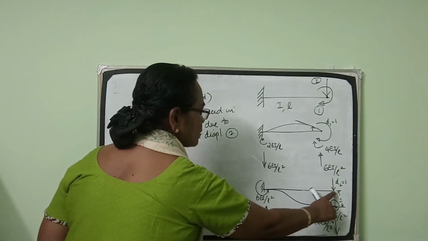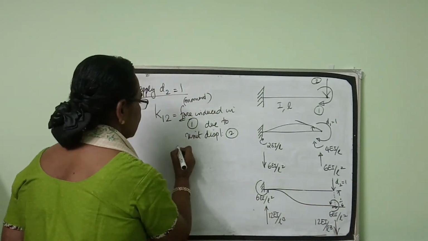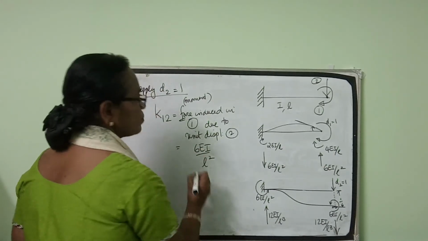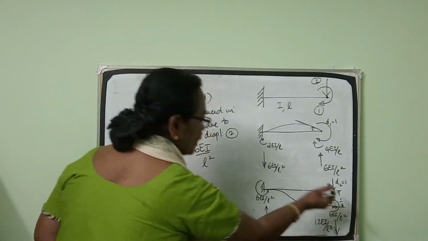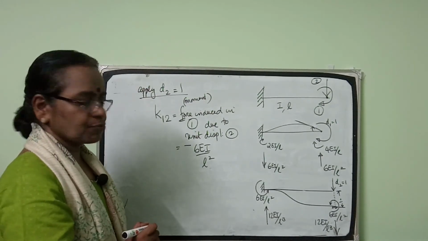When we give unit displacement in direction 2, the moment developed in direction 1 is 6EI by L square. The direction of 1 is clockwise. The moment produced is anti-clockwise. So we write minus 6EI by L square.